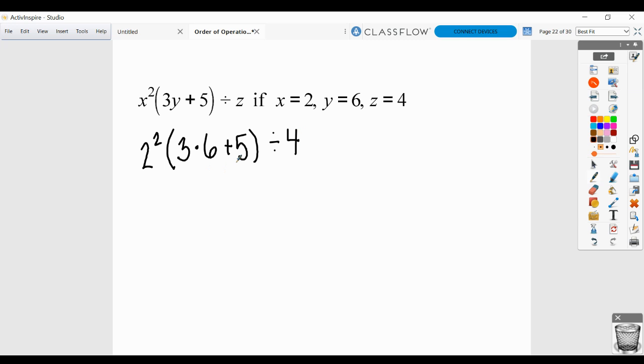Okay, so let's do what's inside of the parentheses first. 3 times 6 is 18, and also you can do the 2 squared on the outside and make that 4. So 18 plus 5 is 23.